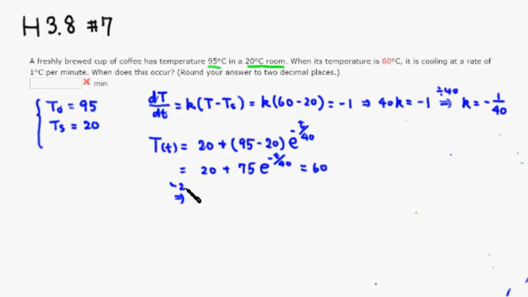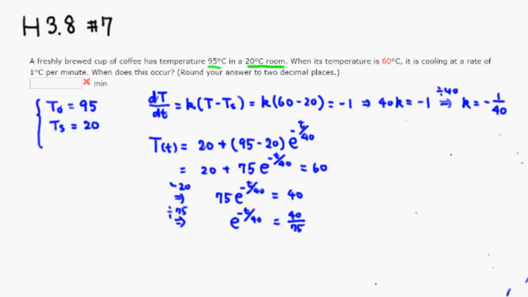First, subtract 20, and then you're going to have 75 e to the -t over 40 is equal to 40. Then we can divide through by 75. We get e to the -t over 40 is equal to 40 over 75.